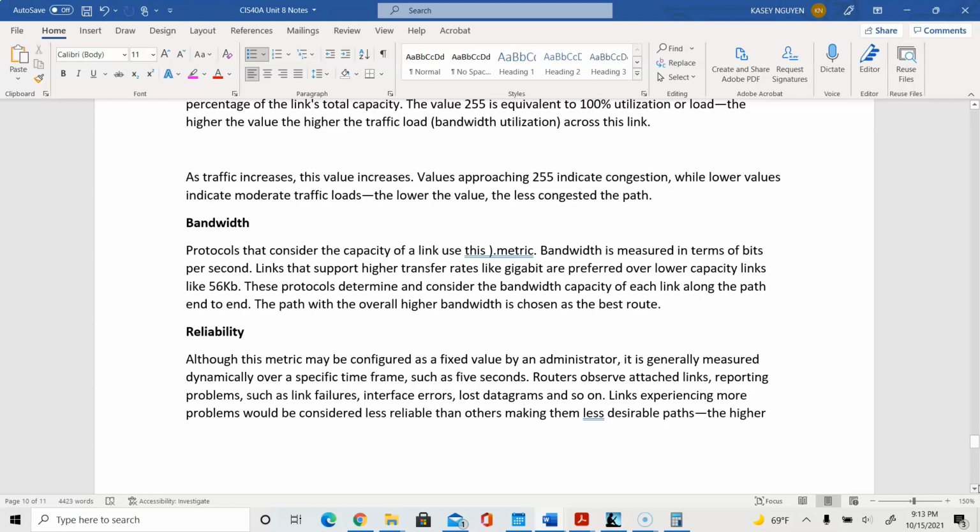So the router is going to look for the path that has the higher bandwidth. And there's also a value for reliability, measured over 5 seconds, on how reliable that transmission would be. In the case where you have failures or errors or lost datagrams, the routers would observe that and report the problem.